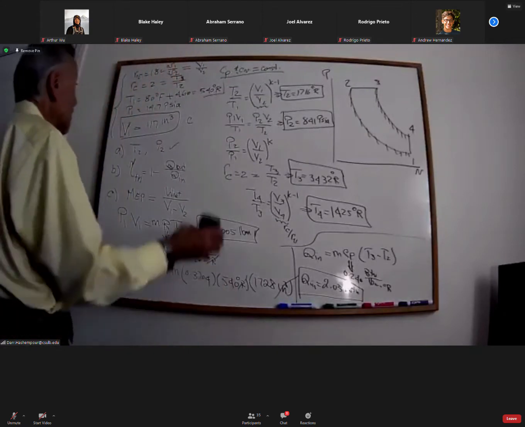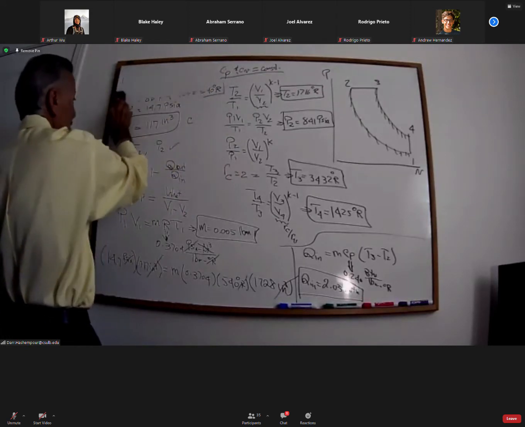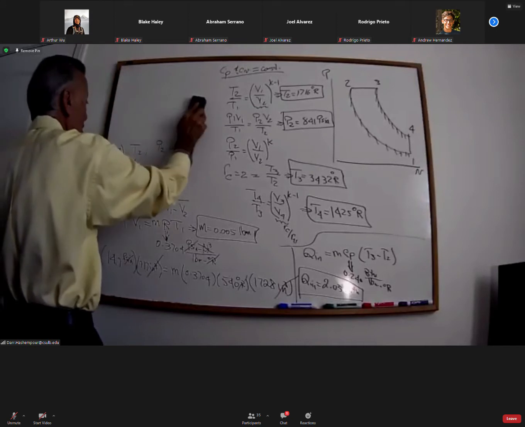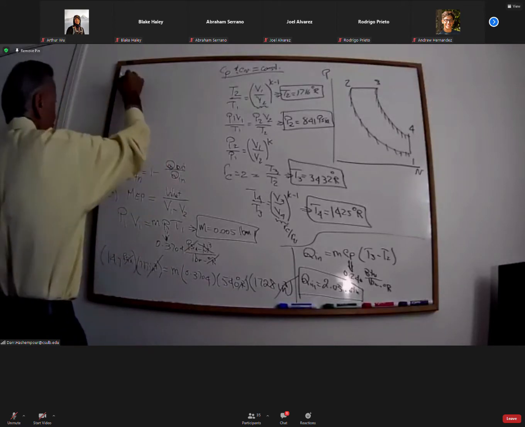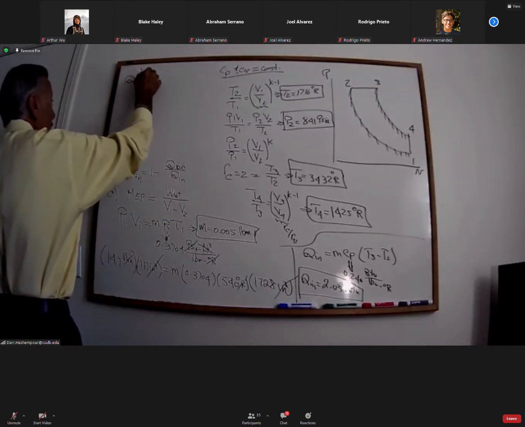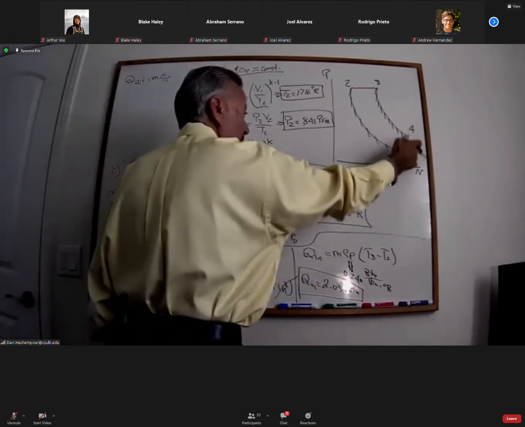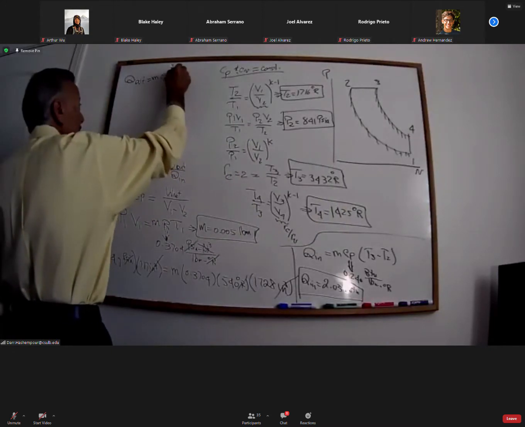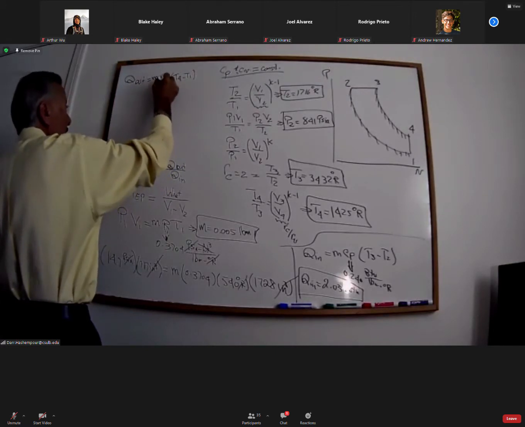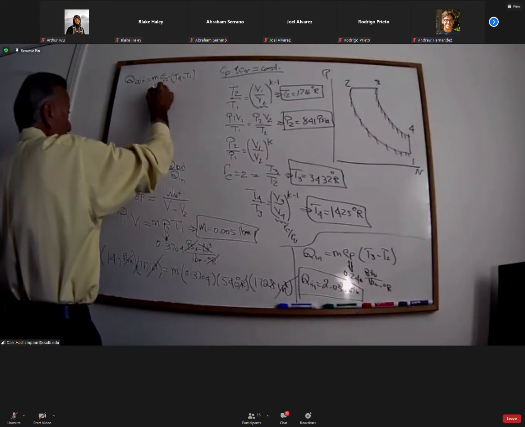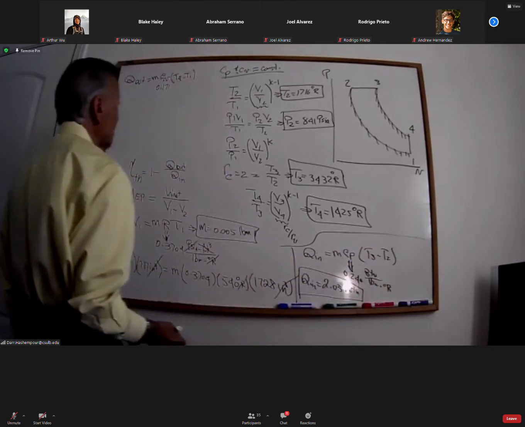Now I need to find the Q out. So if you don't mind, I'm going to erase that part. Now the Q out is equal to the mass this time times Cv, because the process is constant volume, times T4 minus T1. The value of Cv is 0.171 BTU per pound mass per degree Rankine.